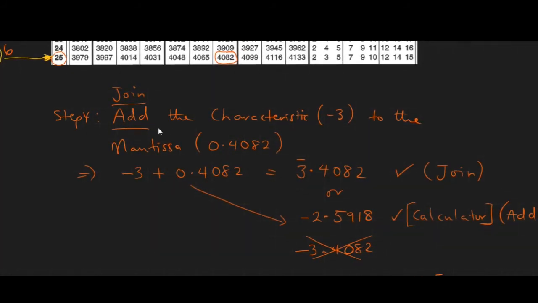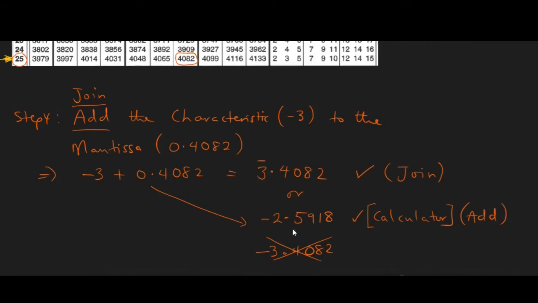In step 4, we will now join or add the characteristic, that is the minus 3, to the Mantissa part. Technically, if you were to use a calculator to solve log to the base 10 of 0.00256, you will get minus 2.5918.